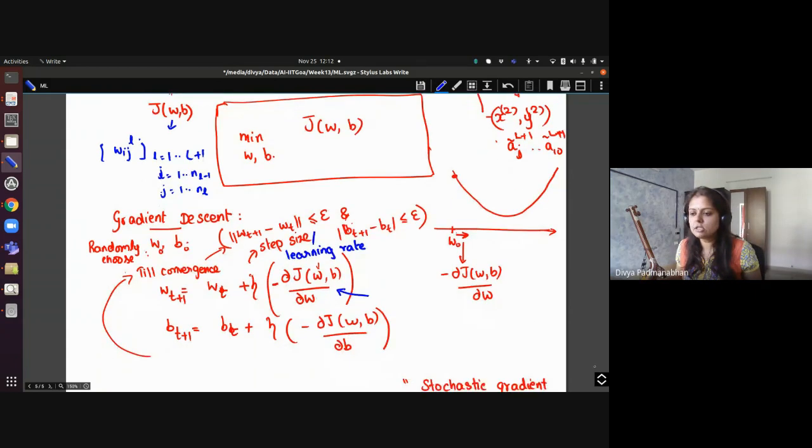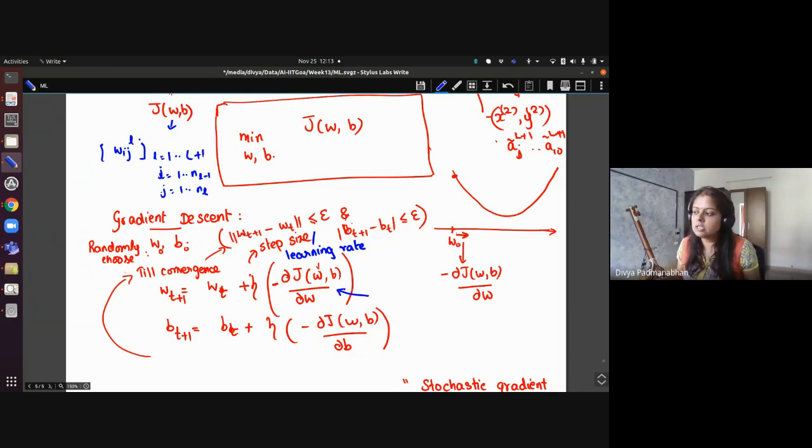And what you do is you keep doing these updates till some convergence notion. One convergence notion that I told you was that maybe you can see how much the W's and the B's change. This is one possibility, but one thing to note is this is not set in stone. There are different options here.